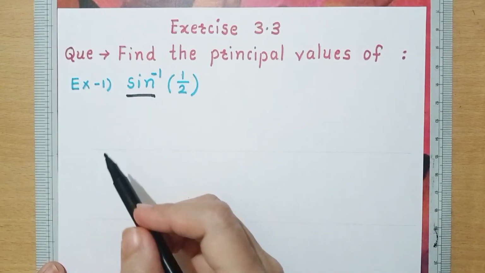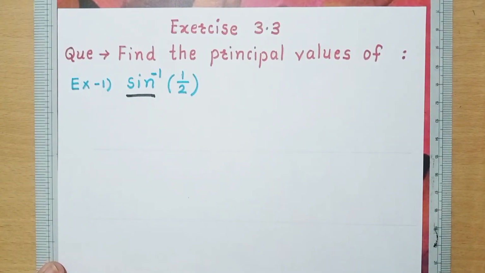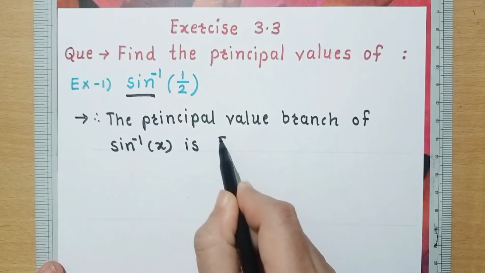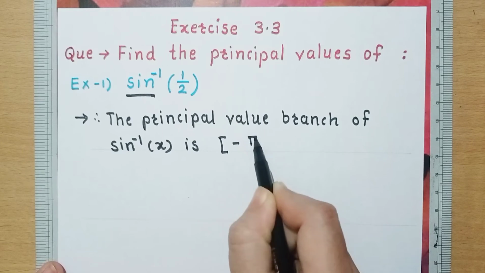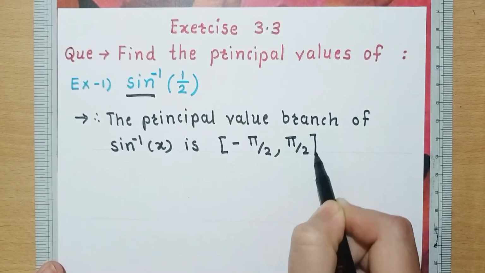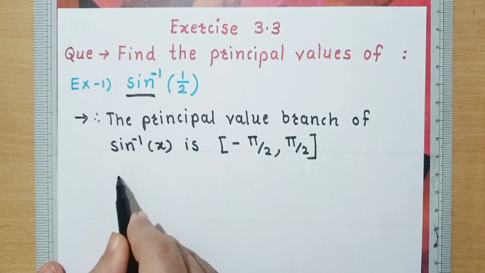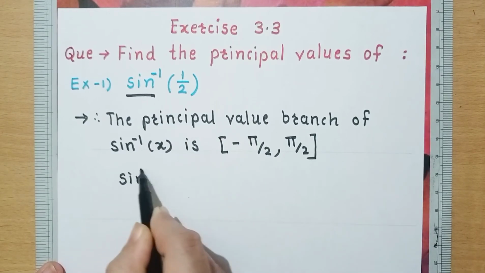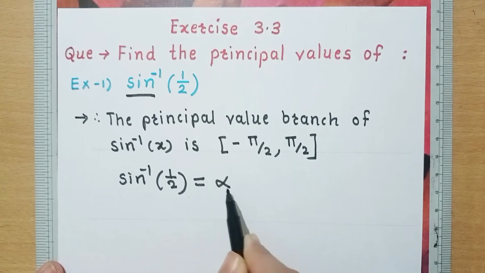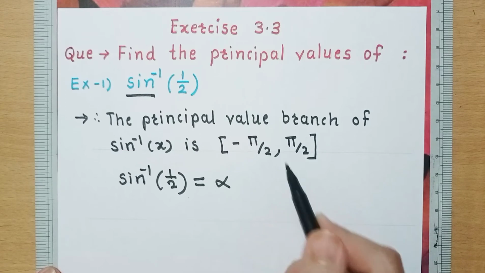So first we will write the principal value branch: the principal value branch of sine inverse x is the closed interval minus pi by 2 to plus pi by 2. First we will assume sine inverse of half is equal to alpha. If this is the principal value, then it must lie between this.